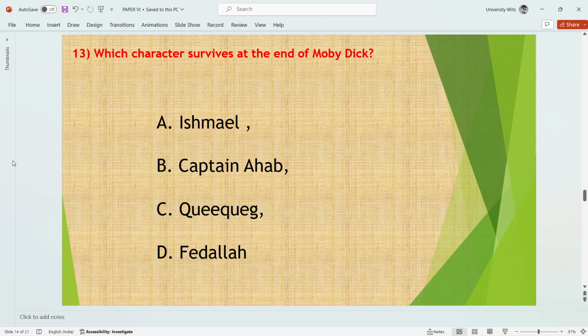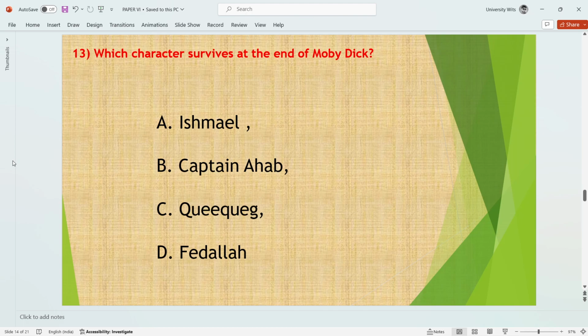The whale destroys the ship and kills everyone on board, except Ishmael, who manages to cling to Queequeg's coffin, which ironically becomes a life buoy. I mean to say, something that saves a life. So I'm talking about that sense.